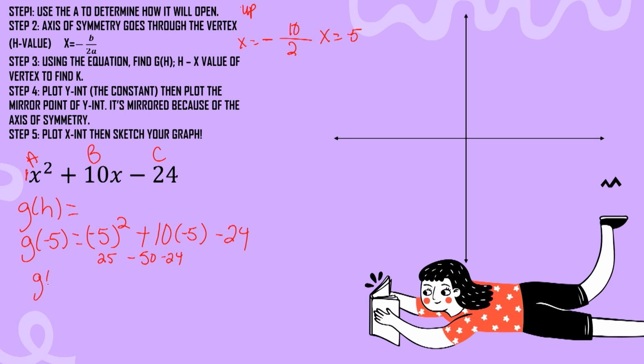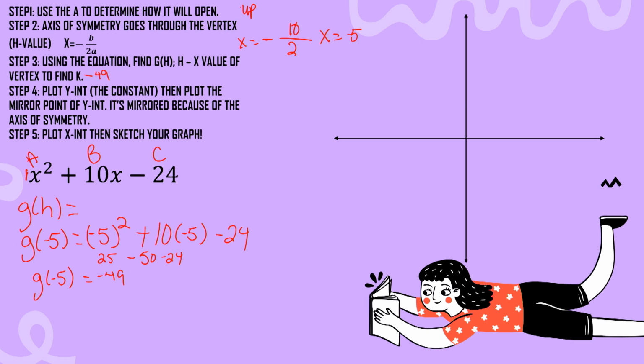So my g of negative 5 is what? I get a negative 49. So I have my k value as negative 49.